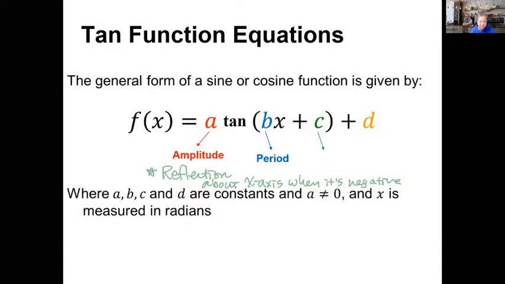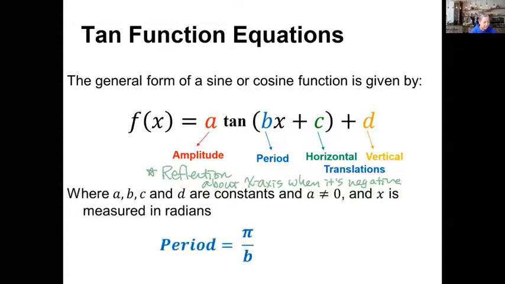And what about c and d? So c and d were translations, and especially c inside the parentheses was the horizontal translation, and the d added or subtracted at the end separately was involving vertical translation. So here, what's obviously different from the previous functions that we already studied, sine and cosine, is the period is not 2 pi over b.